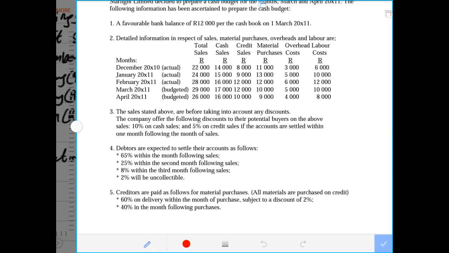Then in January, 60% will be paid within the month of purchase, on delivery, and a discount of 2% will be given. And 40% will be paid in the month following the month of purchase. And we are not doing a budget for either January or February.